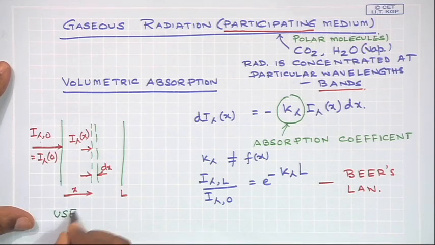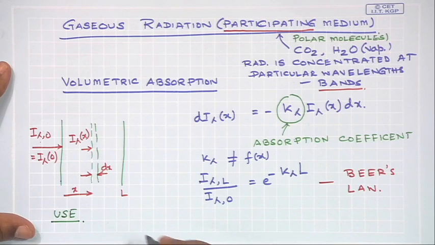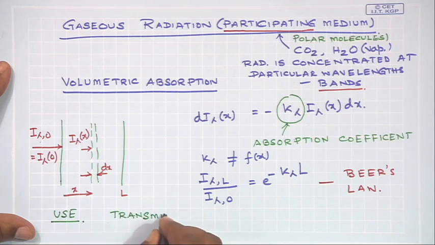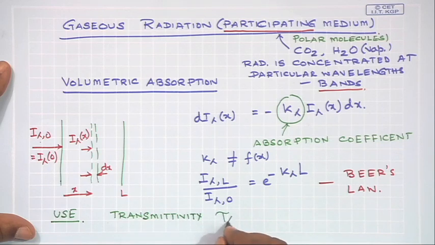The obvious use of this equation is that it gives us some idea of the spectral transmittivity, tau lambda, which would be equal to I lambda L by I lambda 0.